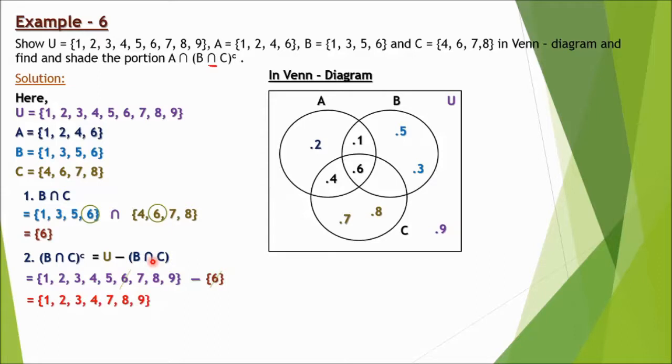And third, A intersection, B intersection C complement. So first A, then the intersection operator, and then B intersection C complement, exactly what was done in the previous step. 1, 2, 3, 4, and we haven't written 5, isn't it? 6 is cancelled, but 5 is not cancelled.